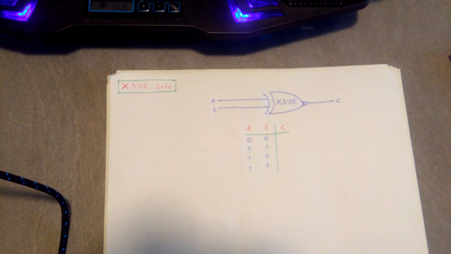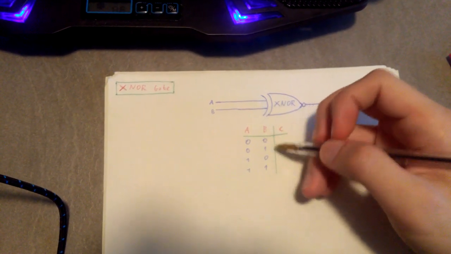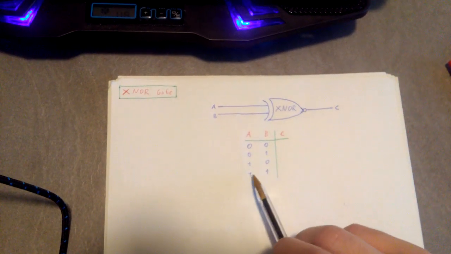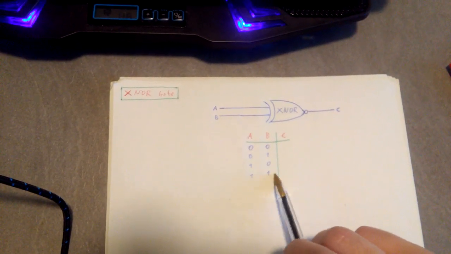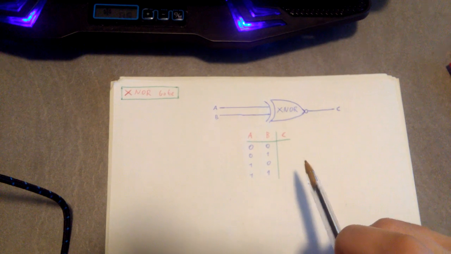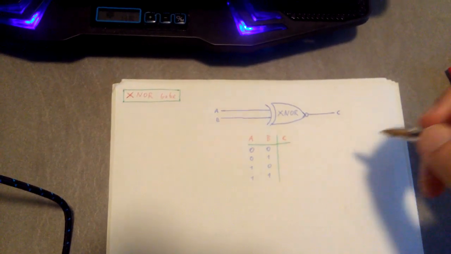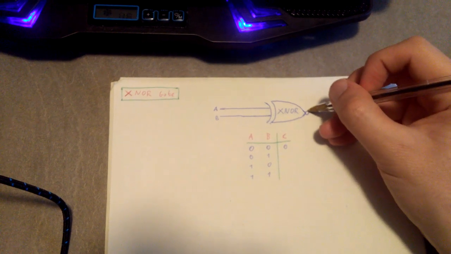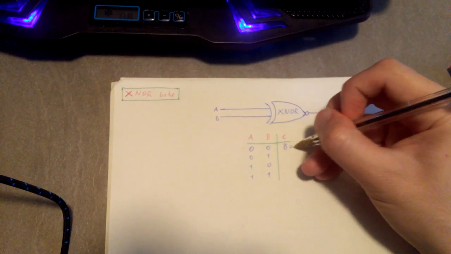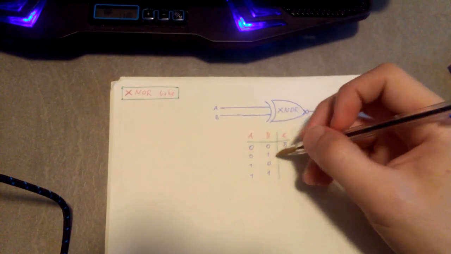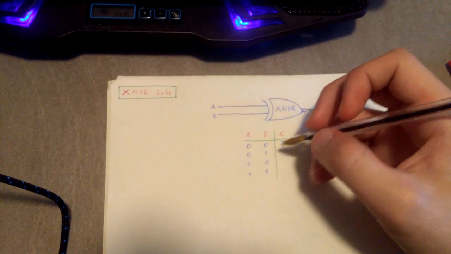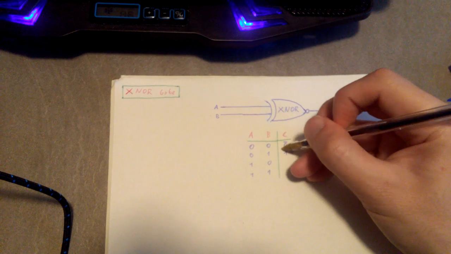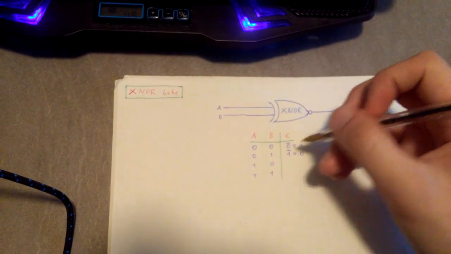Well, the exclusive OR gate basically says that at least one of them has to be 1, but it clarifies that we don't want both of them to be 1 and give 1 as the output. So 0, 0, none of them is 1, the output is 0, but we have a NOT, so NOT 0, which is 1. 0 and 1, at least one of them is 1, then we have 1 as an output, and we say NOT 1, which is 0.